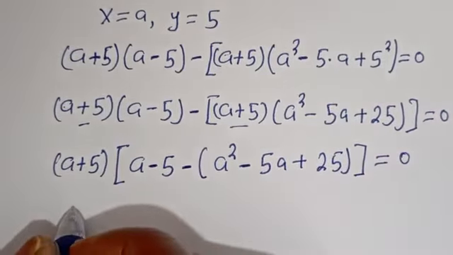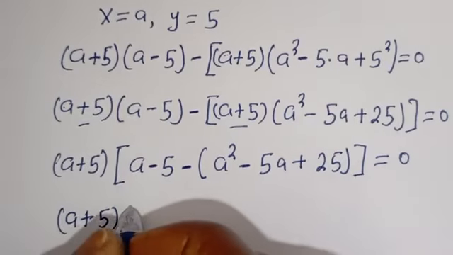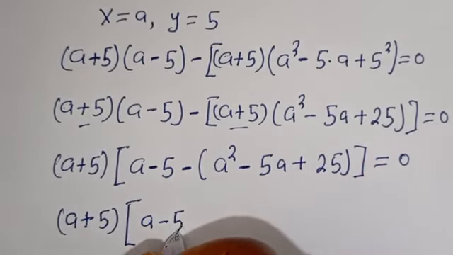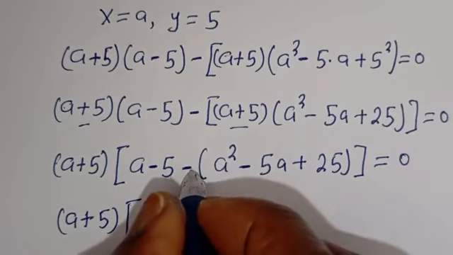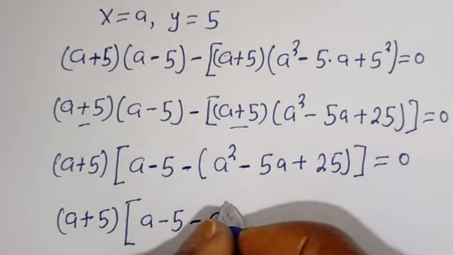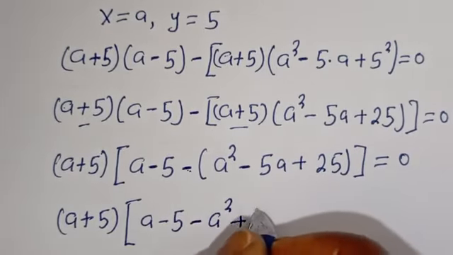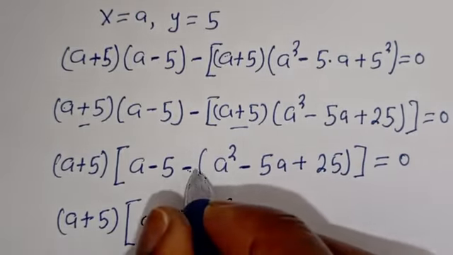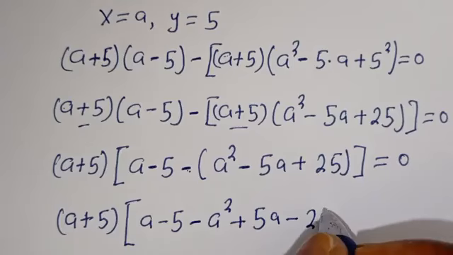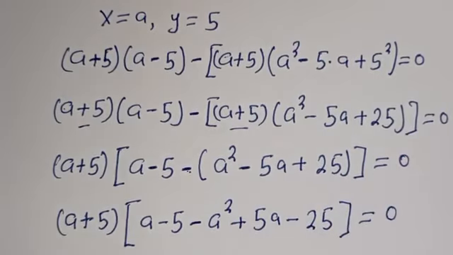Then we have a plus 5 bracket, then here is a minus 5 minus, if you multiply by a squared, this will be minus a squared, minus times minus 5a will be plus 5a, minus times plus 25, that will be minus 25, is equal to 0.